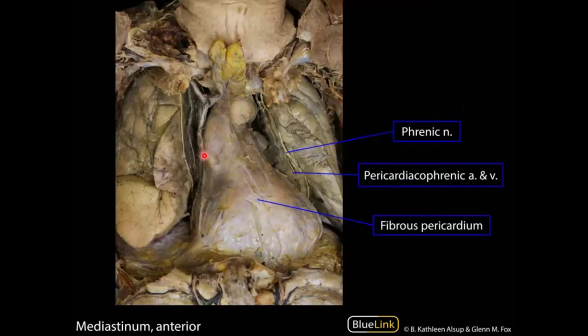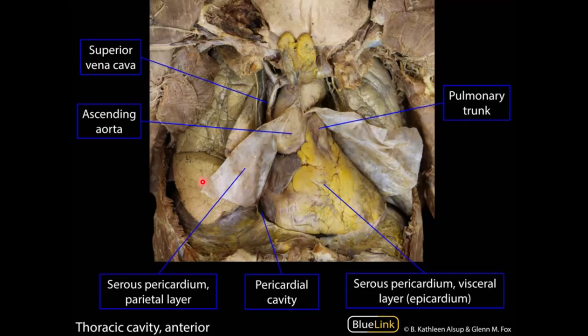So you can see it piercing the fibrous pericardium at this point, at the level of the second costal cartilage, or along the transverse thoracic plane which passes through the sternal angle, and then it drains into the right atrium at the level of the third costal cartilage. So things in the superior vena cava happen in 1, 2, and 3: formation, piercing, drainage.